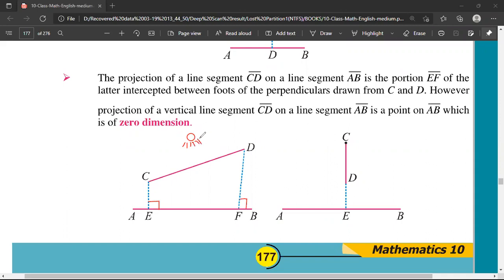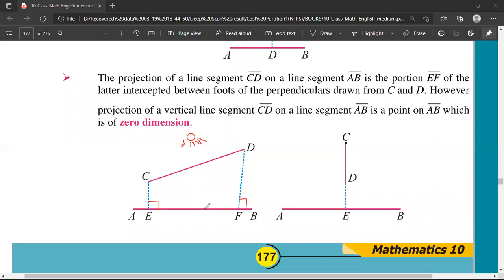But if it is light, then consequently you will see that CD is a line or opaque medium, then CD's projection on line AB will be from point E to F. So E to F is the projection, or the length of the shadow, of CD on line AB.